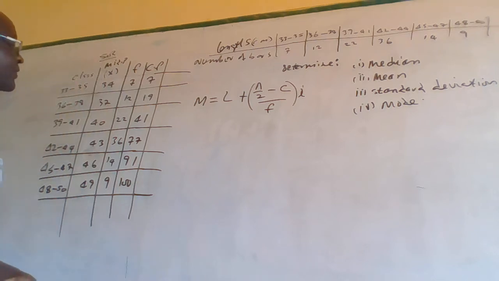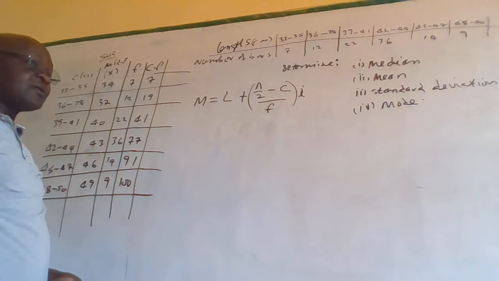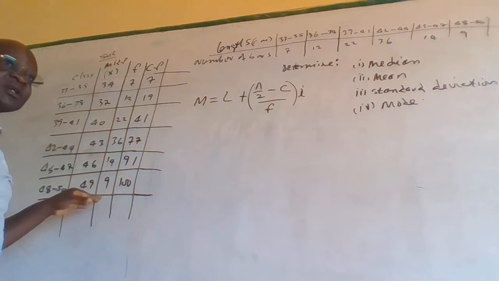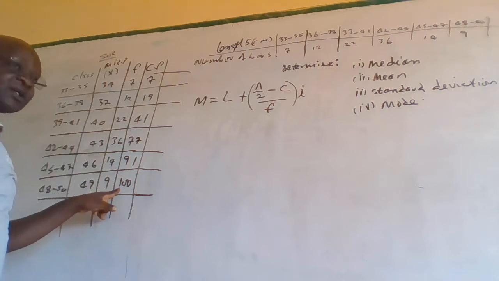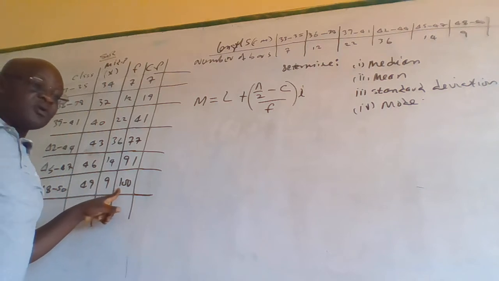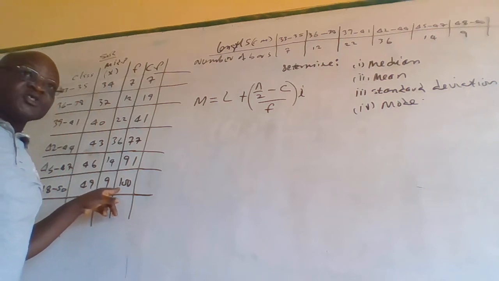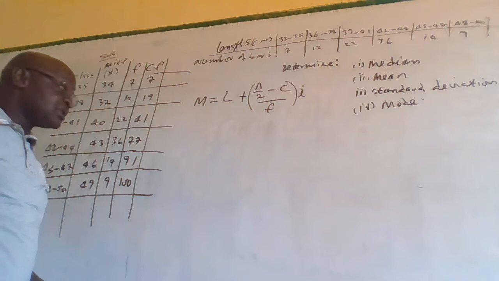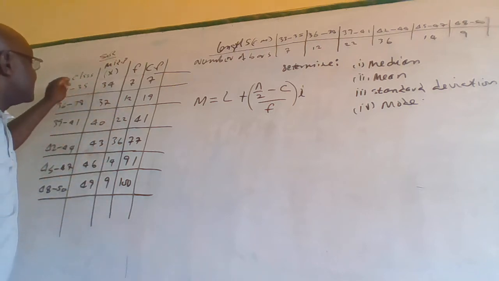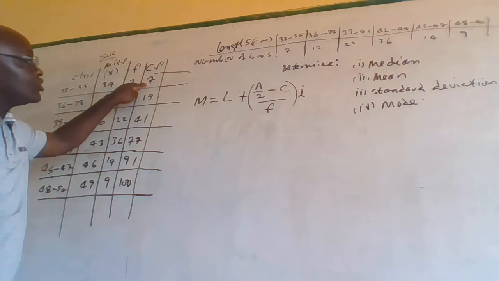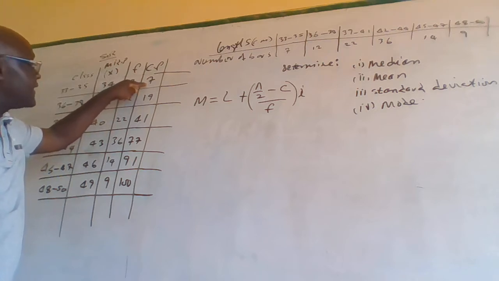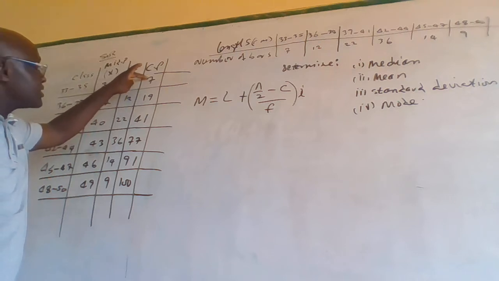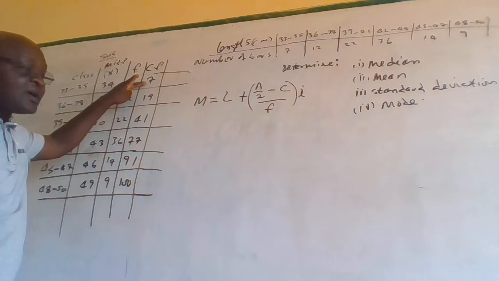We have 6 classes. Now, for us to identify the median class, we shall use the cumulative frequency. Remember, we have the total frequency that is 100. So the median class will fall at the 50th position. The first class, we have 7 bars, numbered 1 to 7.